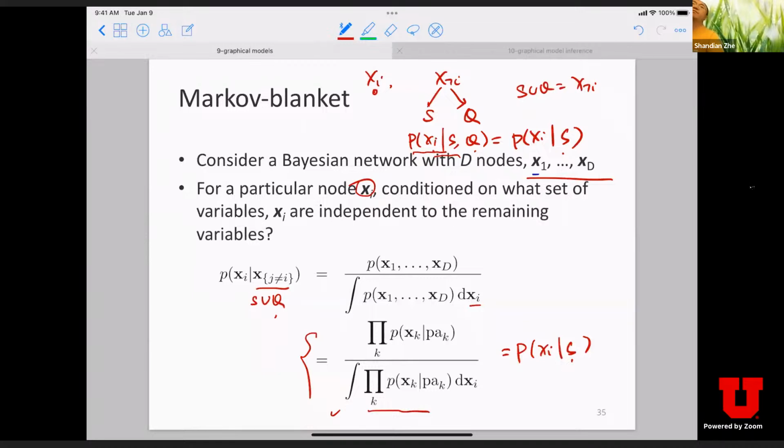Yes. So we are using this definition, the definition of conditional independence.